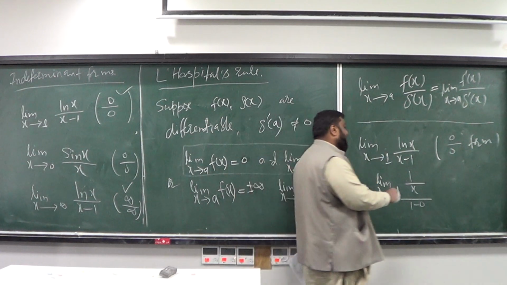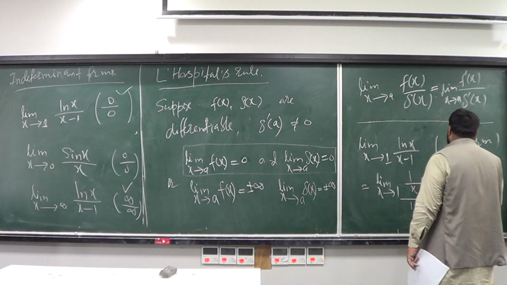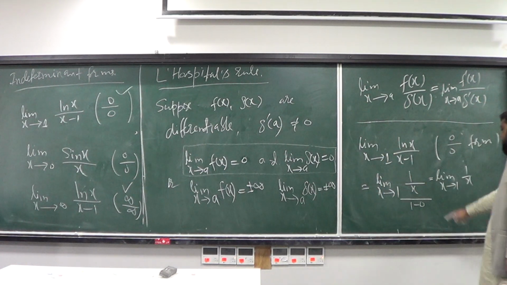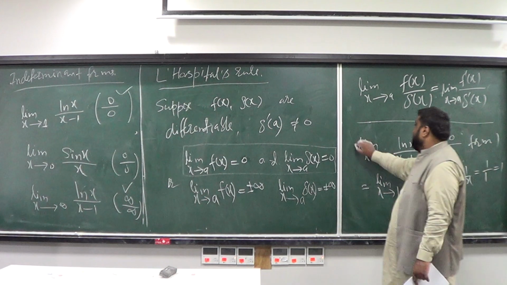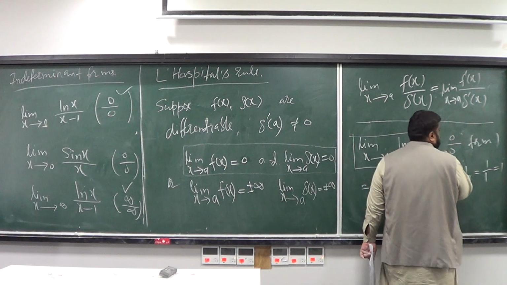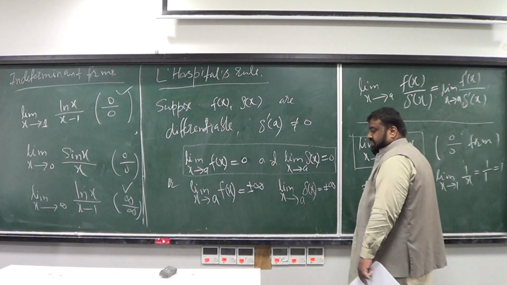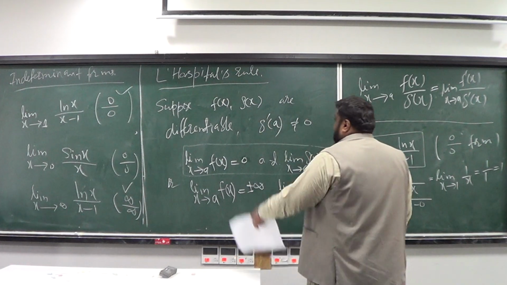If you simplify this, you're going to get the limit as x goes to 1 of 1 over x, because dividing by 1 is not going to change anything. And this limit is going to be 1 over 1, so equal to 1. Hence this limit, which has the indeterminate form 0 by 0, is equal to 1.